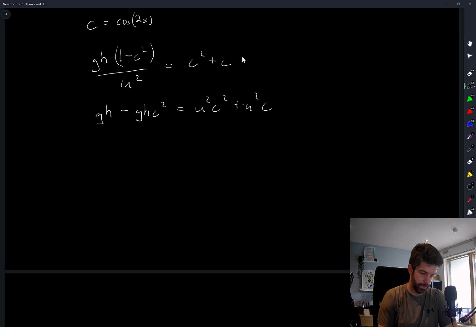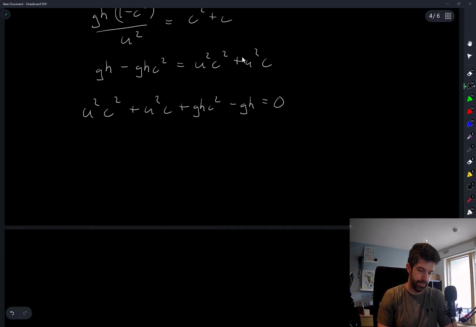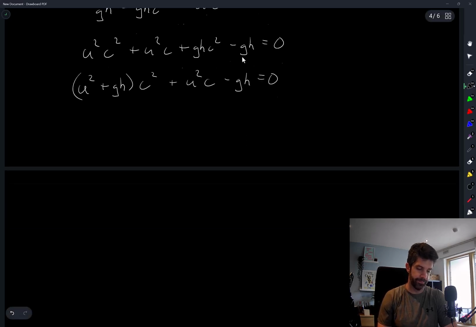Let's put everything on one side. We have u squared c squared plus u squared c plus GH c squared minus GH is equal to 0. And so u squared plus GH, times c squared, plus u squared c minus GH is equal to 0.